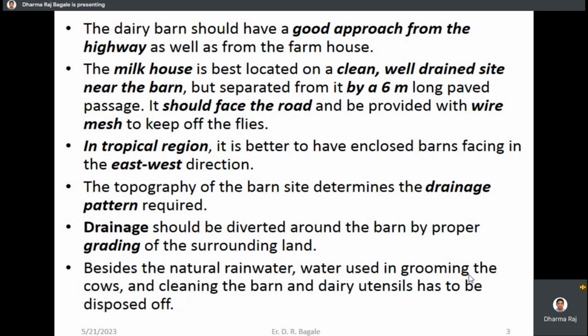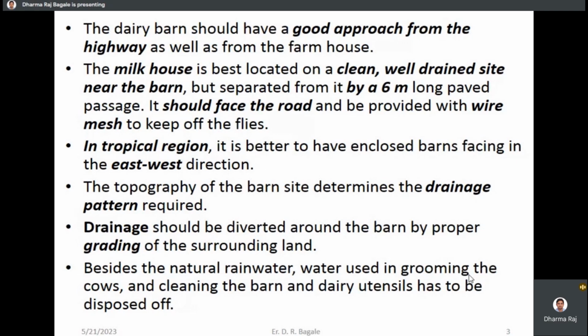Drainage is mainly determined by the topography of the site, how much slope or flat the topography is. In a flat area, designing a drain is a very challenging job, because we don't have sufficient grade, sufficient slope to maintain, and proper grading of the land is required for proper drainage.